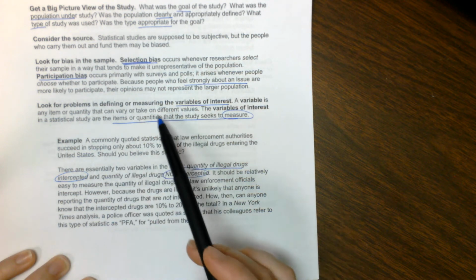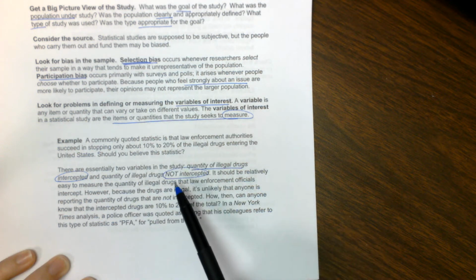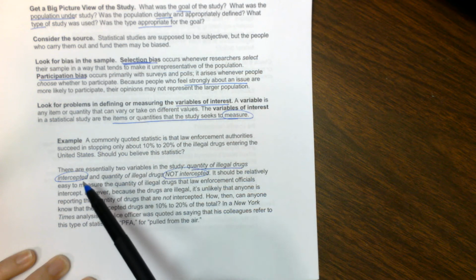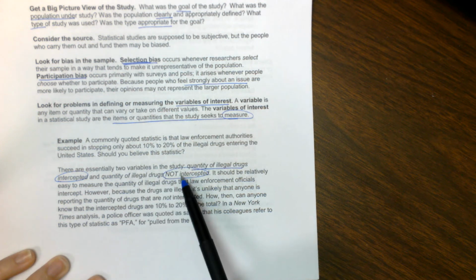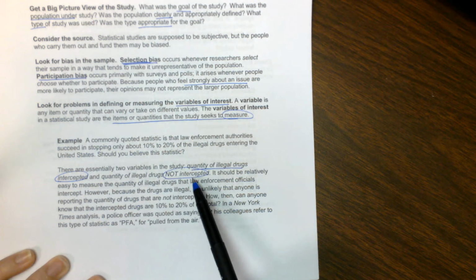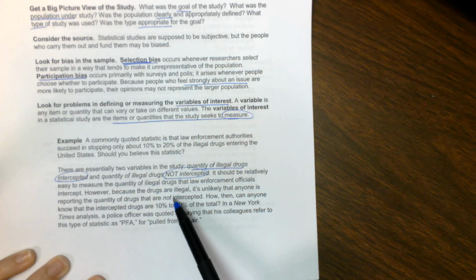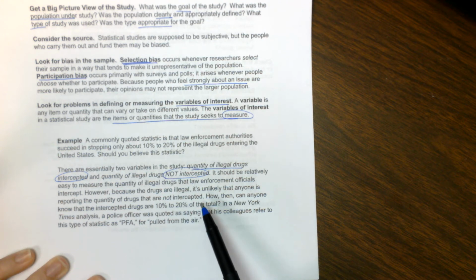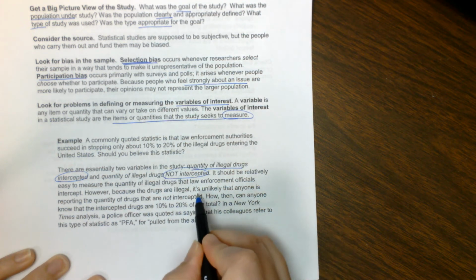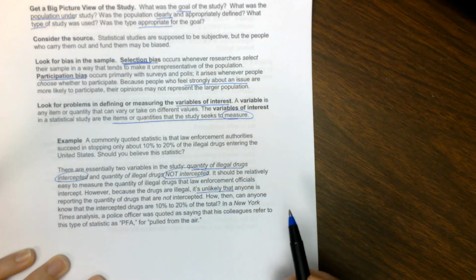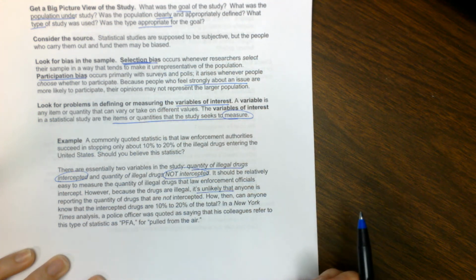So defining is fine, but let's see if we can measure them. So you can measure the quantity of drugs that are intercepted, right? That's pretty easy. However, how do you measure the quantity of drugs not intercepted? You would have to rely on people's testimony and admitting that they brought drugs over, but they didn't actually get intercepted. But that's pretty unlikely that anyone's actually going to report that amount.